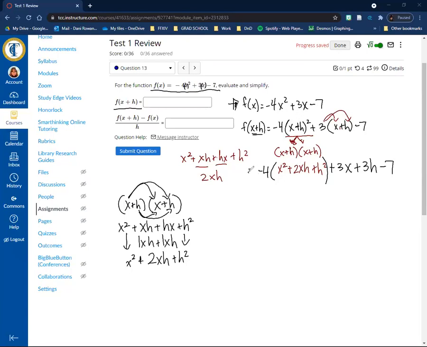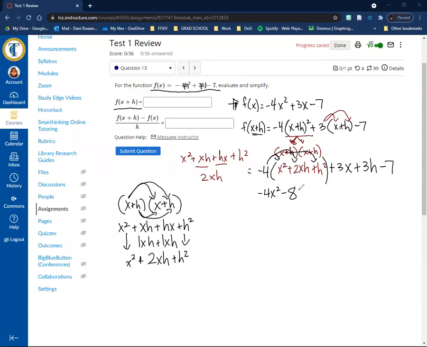What's our last step here? Distribute the -4. Yeah, we got to distribute that -4 to everything. So -4 times x squared, -4x squared. What's -4 times 2? -8.